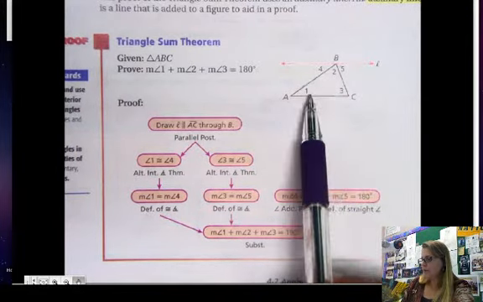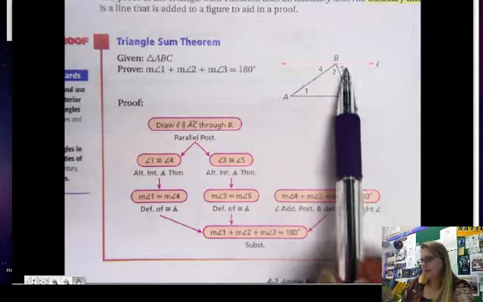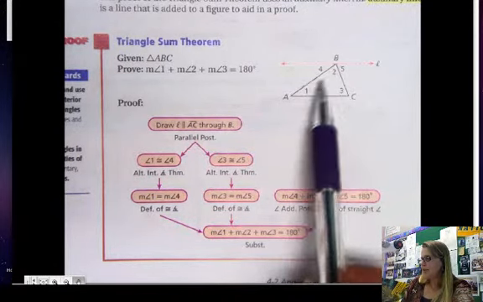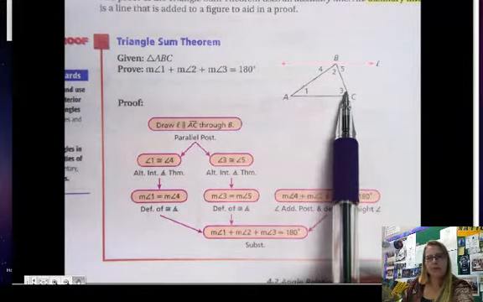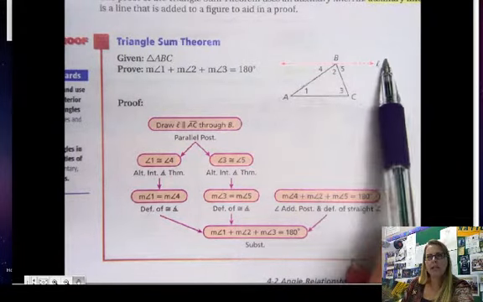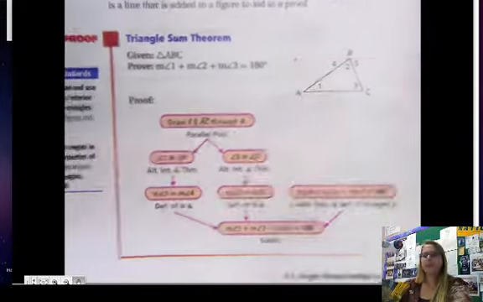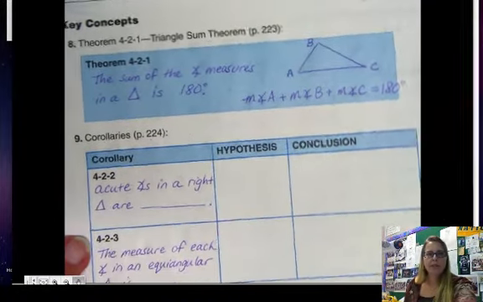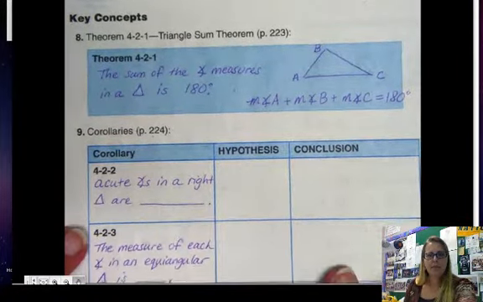And because 4 is equal to 1, and also 5 is equal to 3, then 1, 2, and 3 also add up to 180 degrees. So this is a great proof of the triangle sum theorem that uses this auxiliary line here to help prove that theorem. Okay, so that's our triangle sum theorem.